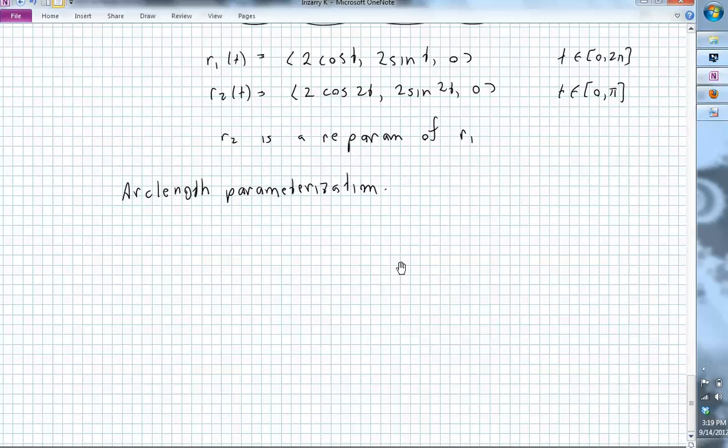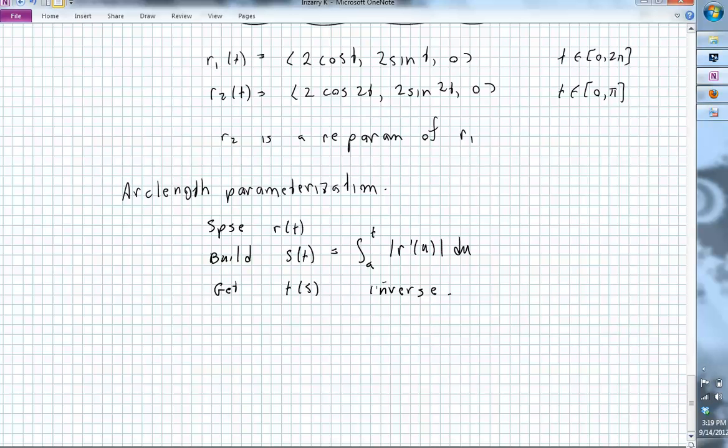Arc length parameterization. So suppose you have r of t. Then build s of t. Then get t of s.